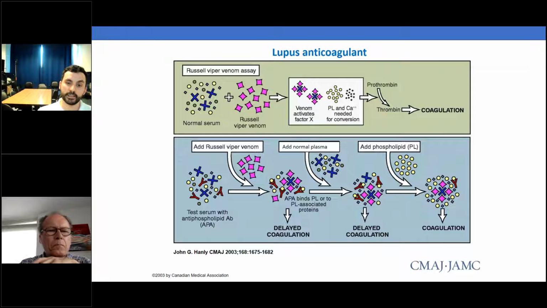As I said, this test is a modification of the aPTT in which we use a different activator to induce coagulation in vitro. One of the most used activators is the Russell's viper venom time, in which we are able to observe in vitro a prolongation of the coagulation assay. This is due to the interaction between the antibodies and the coagulation system. So it's worth mentioning that we have in vitro a prolongation of the coagulation assay, which is paradoxically associated in vivo with a prothrombotic status.